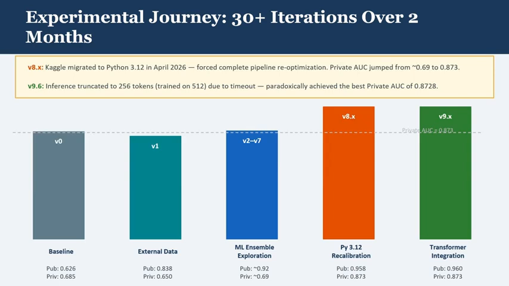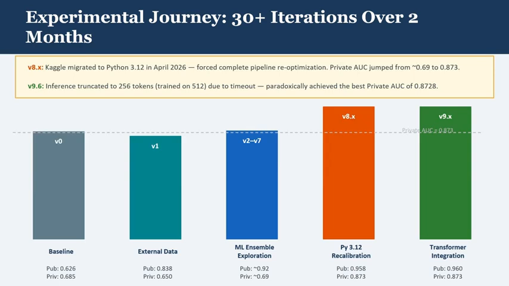Phase 4, the V8 series, was triggered by an external event. Kaggle upgraded their standard Python environment from 3.10 to 3.12. This broke our pipeline. We saw dropped scores and CatBoost compatibility errors.